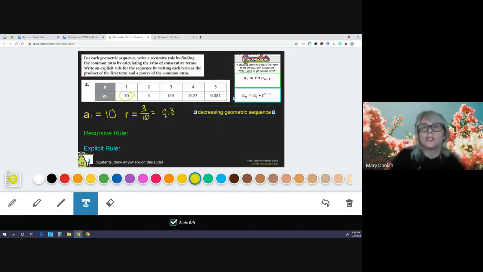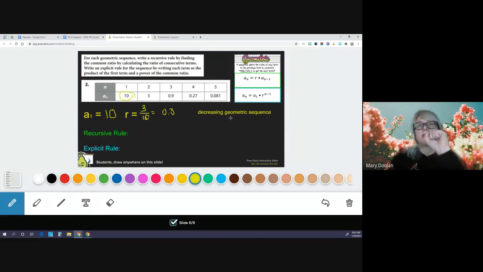And in a decreasing geometric sequence, if you're doing this correctly, your value of r has to be less than 1, but also greater than 0. Because these are getting smaller, when I write what r is, it's 3/10, and that is a value between 0 and 1, and that's what I want to happen.